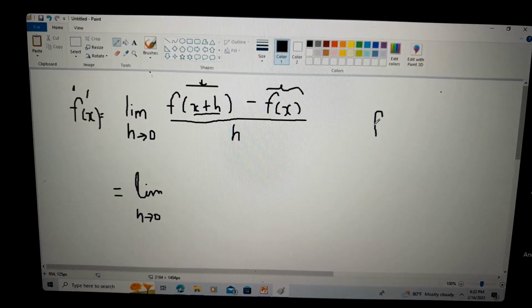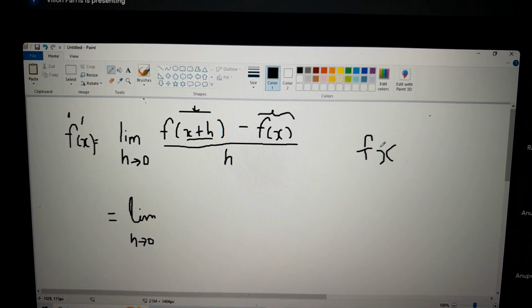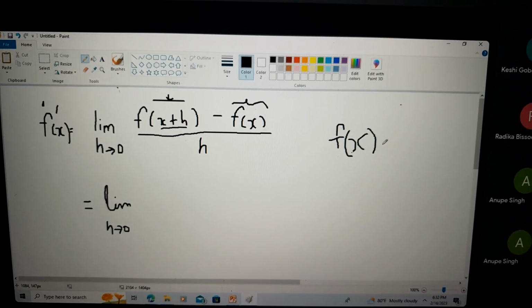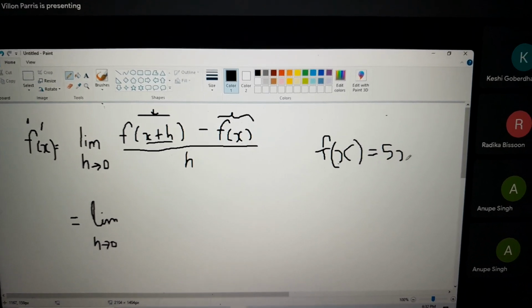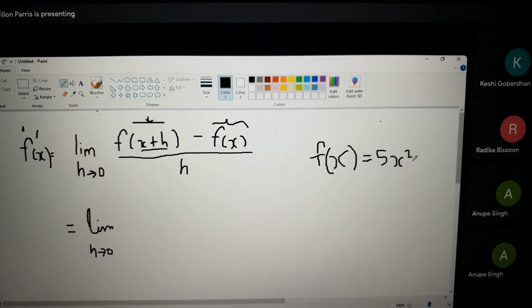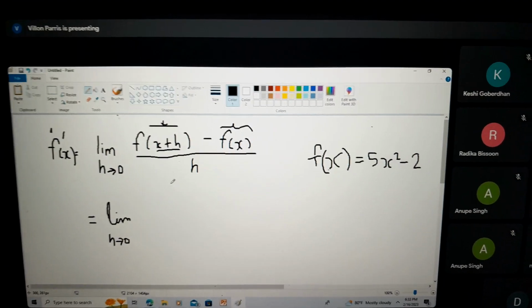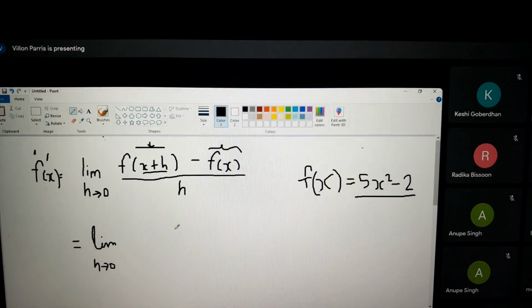Say the function was f of x is equal to 5x squared minus 2. If we had to find the derivative of this function, same principle applies.